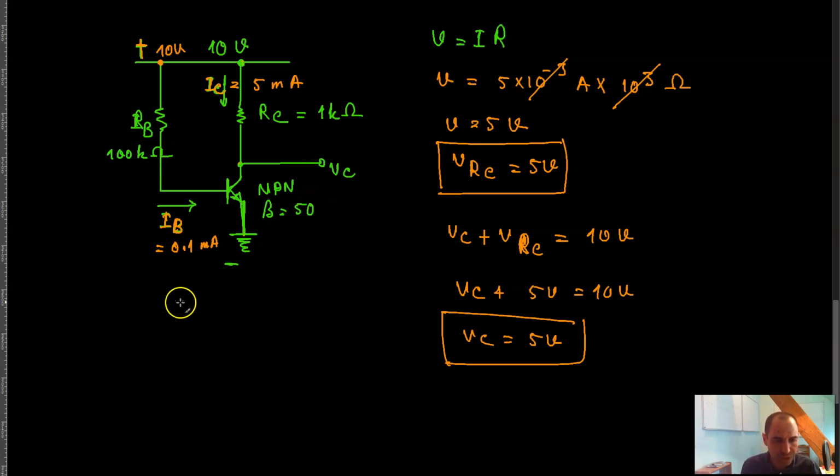So there is technically something called saturation, and saturation means that the voltage across the collector and emitter junction of the transistor is 0 volts.